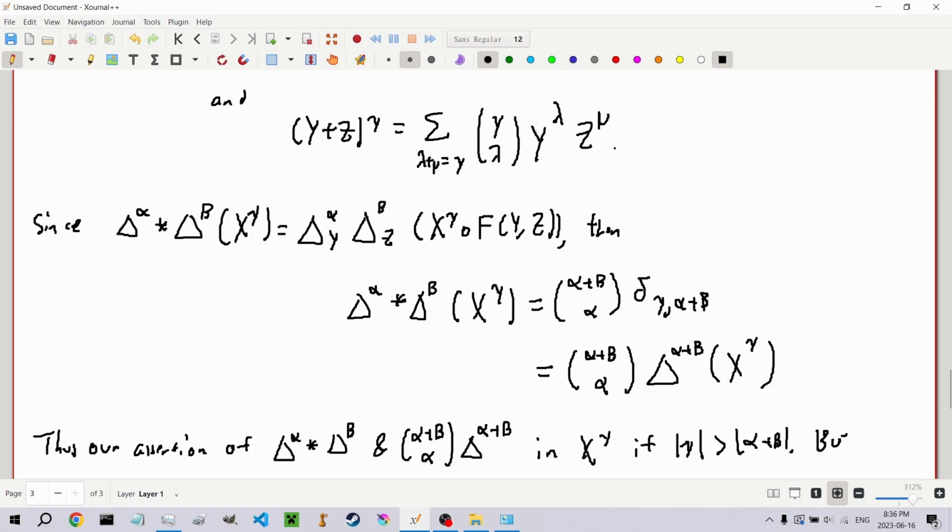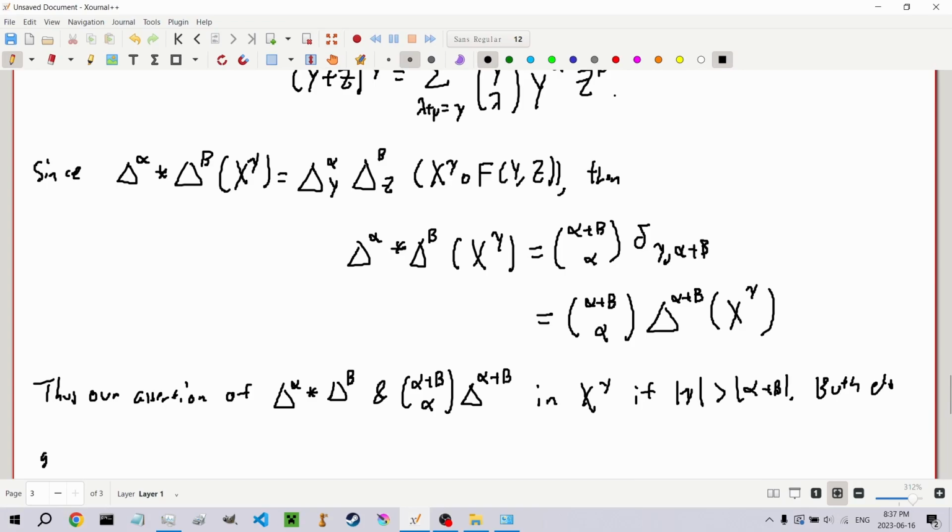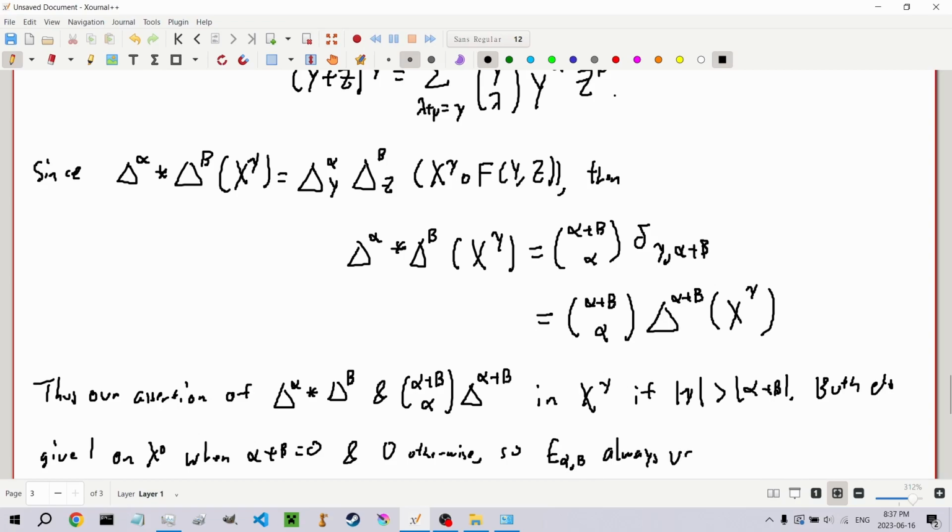And both elements, of course, give 1 on x naught when alpha plus beta equals 0, and they give 0 otherwise. So E sub alpha comma beta always vanishes on K.